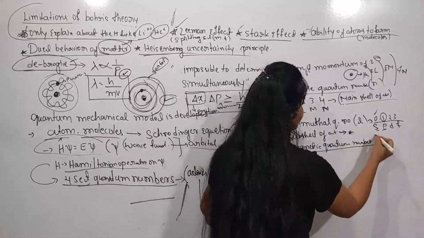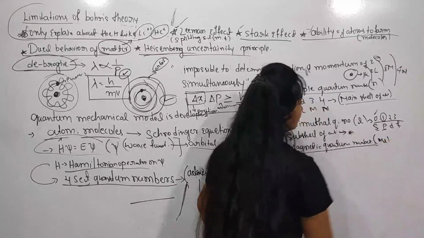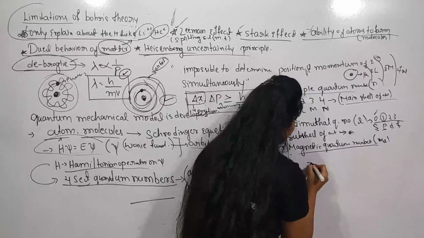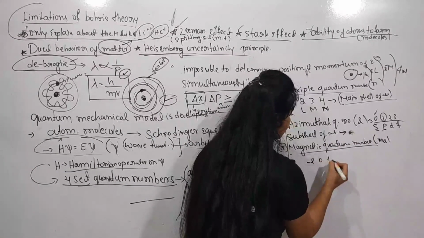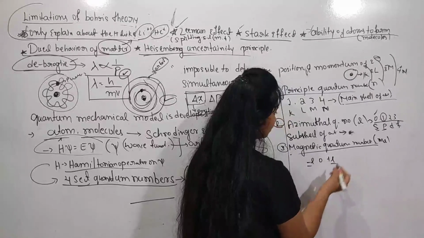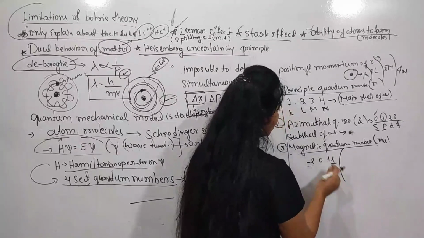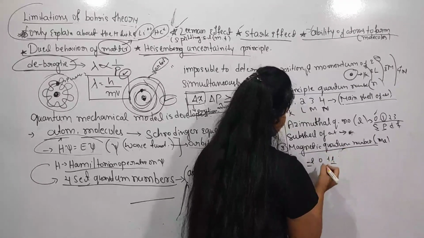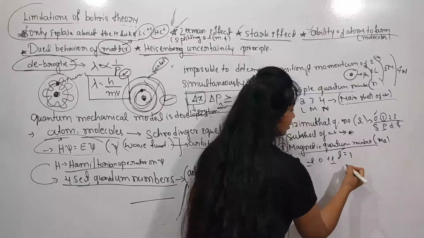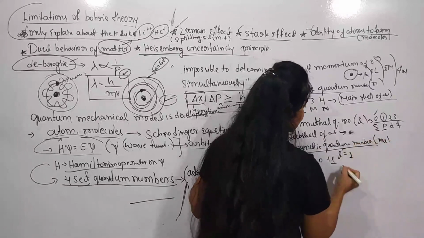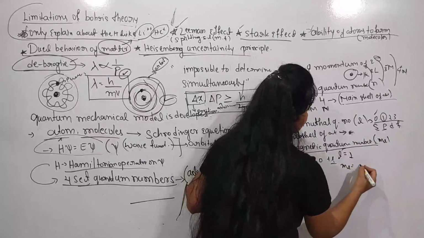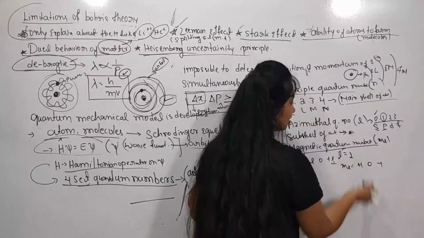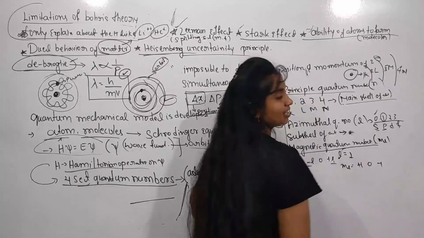The magnetic quantum number is denoted by ml, and its value is from minus l through 0 to plus l. Meaning, if the l value is 1, then the ml values are plus 1, 0, minus 1, or minus 1, 0, plus 1.